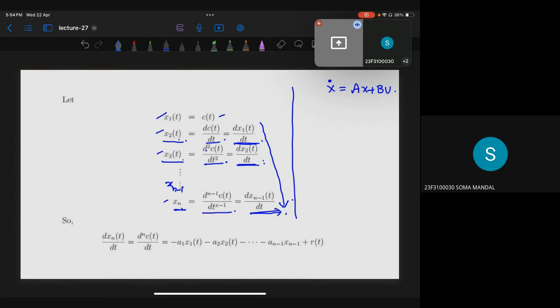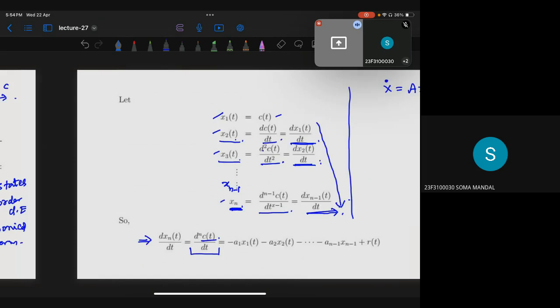Yes. So from this equation, the derivative of the final state variable is nothing but what? So x_n is nothing but dc, correct? So what is this basically? d^n c by dt is nothing but what?